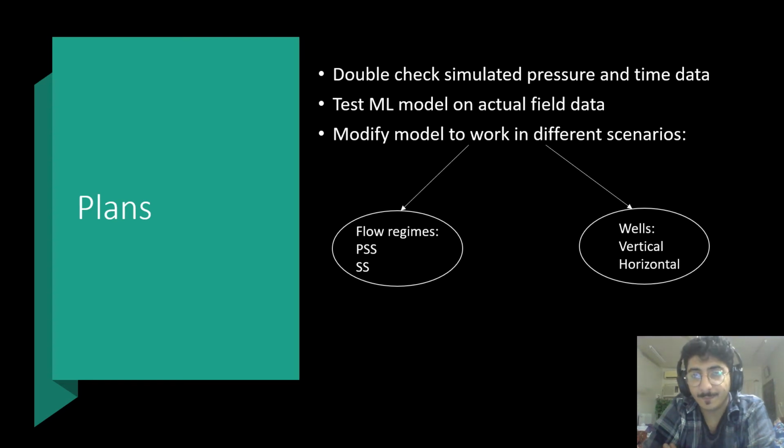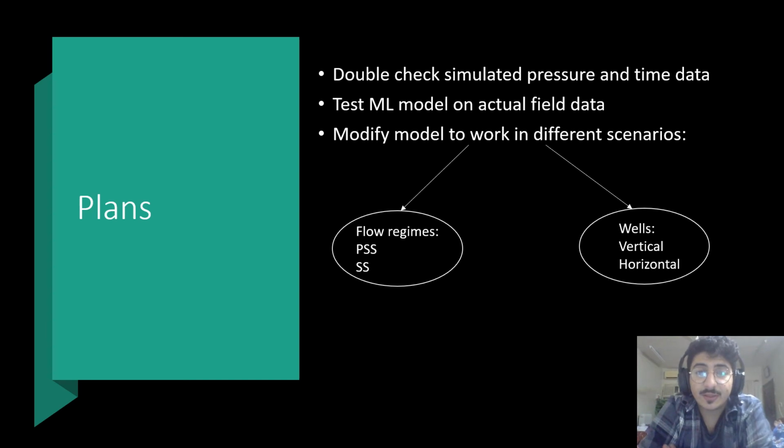Before moving on, we also want to double check our simulated pressure and time data. In addition, since our alpha, lambda, and beta values were not identical from both the iterative and optimize methods, we will also check those algorithms and how we obtain those values.